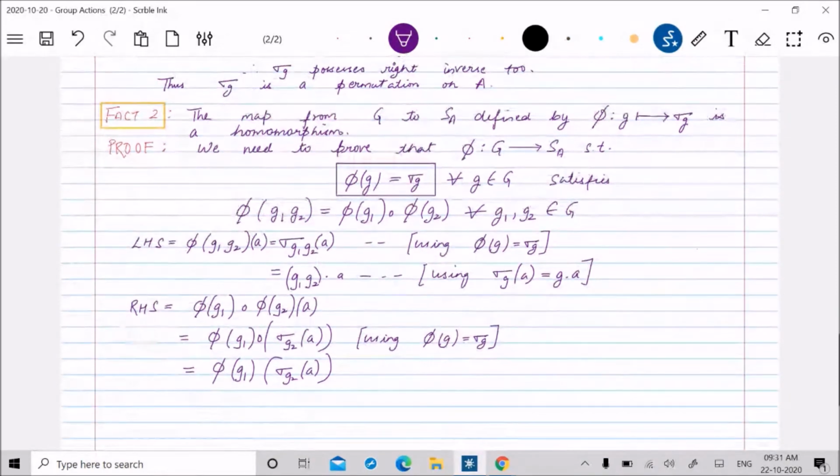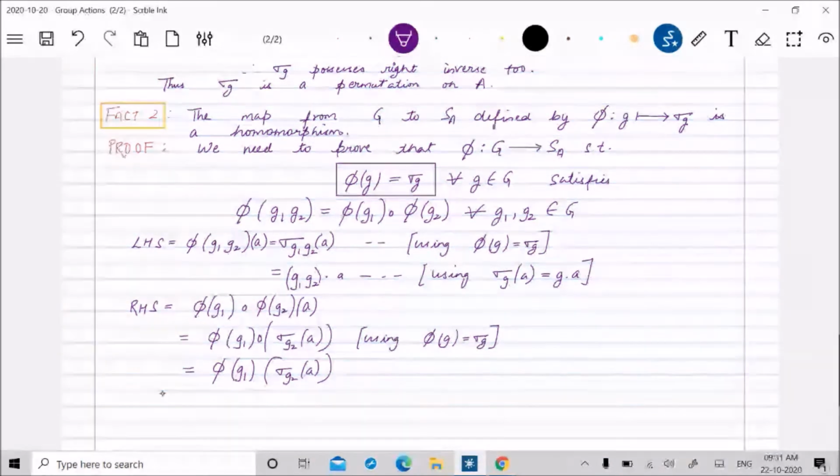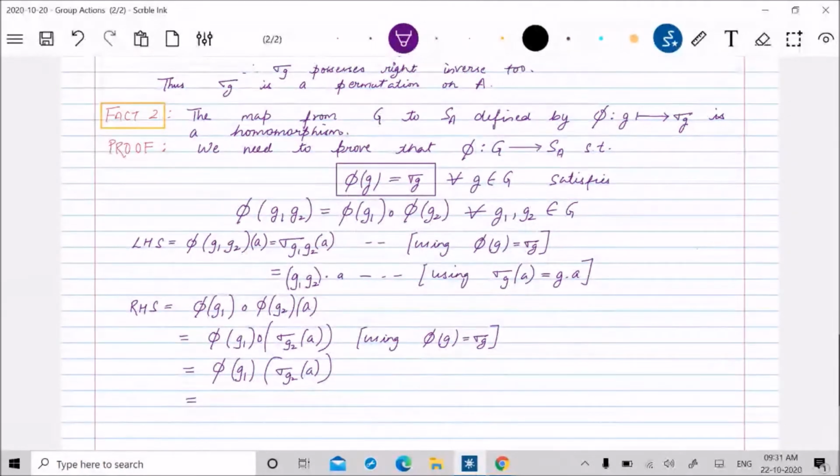Now this should be equal to, as per that definition, sigma G1 applied to G2 acting on A. Okay, fine. And this is phi of G1, right? And phi of G1 should be sigma G1. Now it's clear, right?